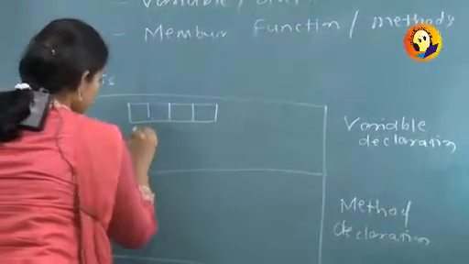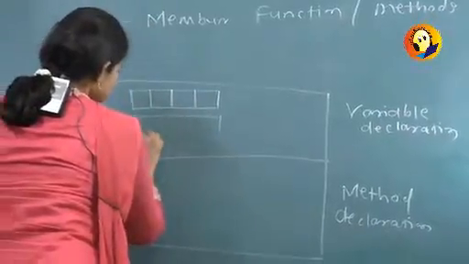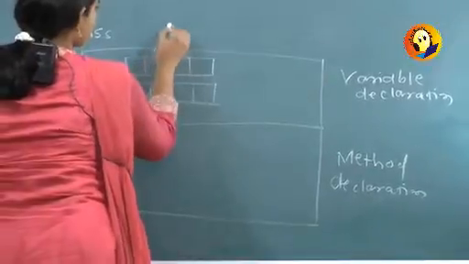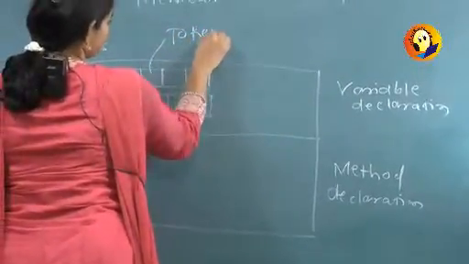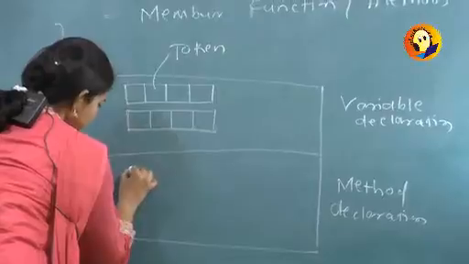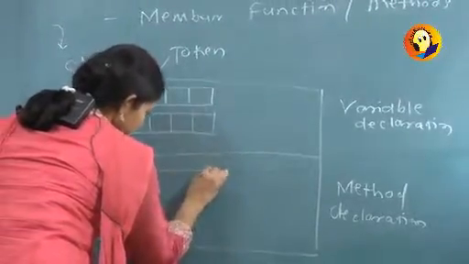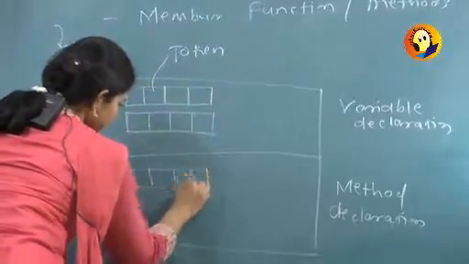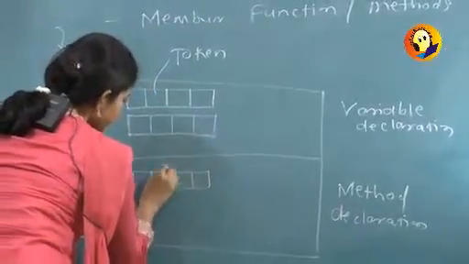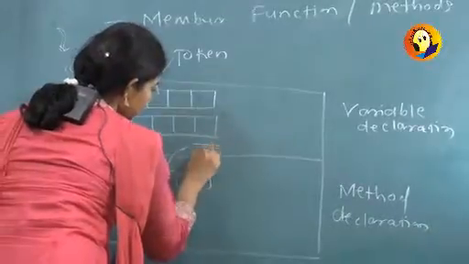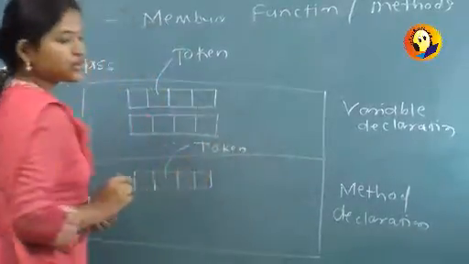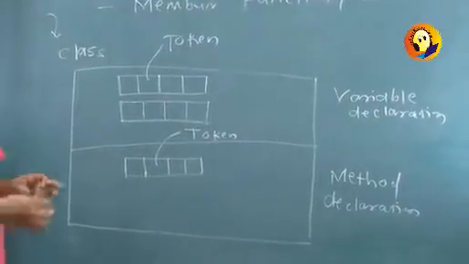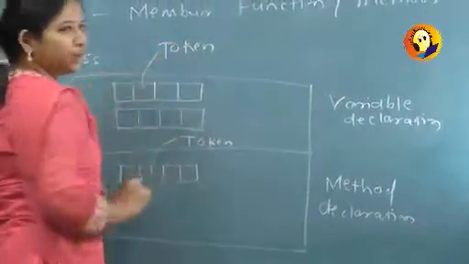Each variable declaration has a single individual unit, and that unit is called a token. Each method has a method name, types of arguments and a method body, and each individual unit of a method is called a token. So a token is nothing but an individual unit of a program.